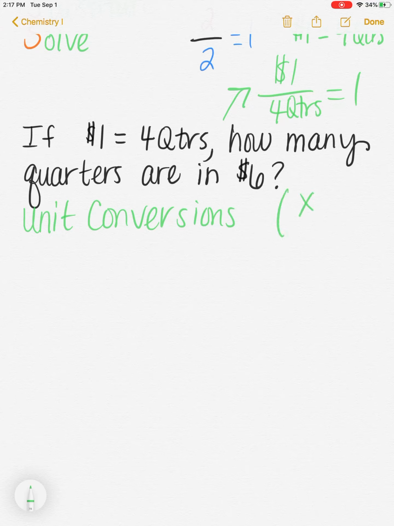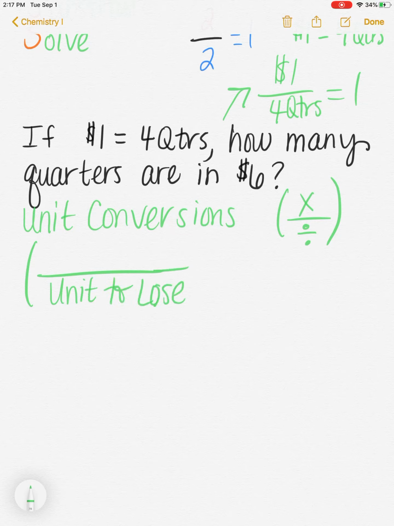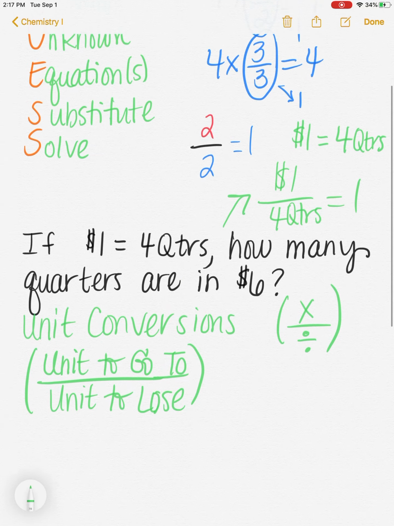And anytime you use one of those factors, mathematically, you will multiply by the top number and divide by the bottom number. The other guideline that I give is you will put the unit that you want to lose in the bottom of the factor and the unit you want to go to in the top of the factor.